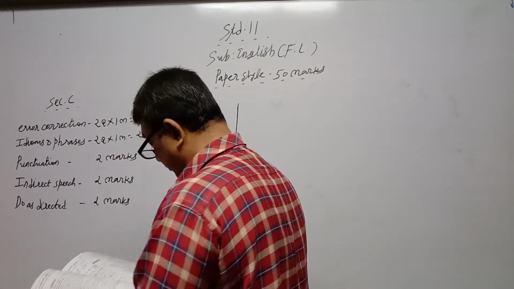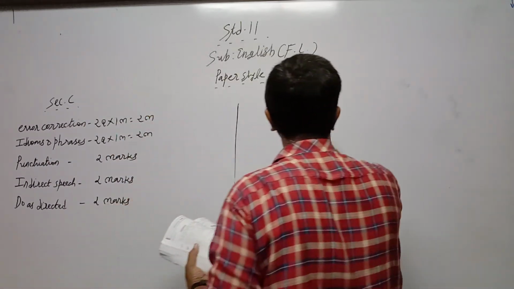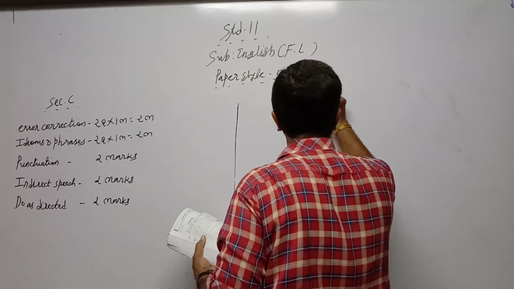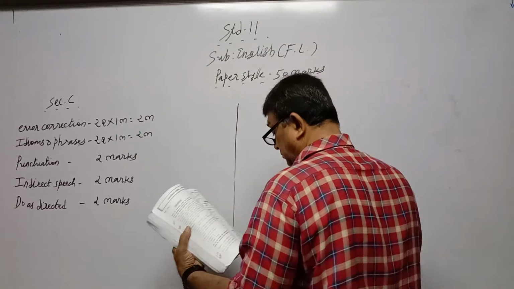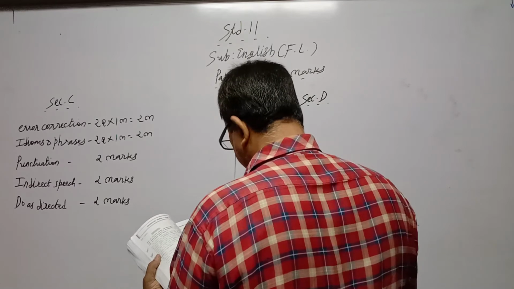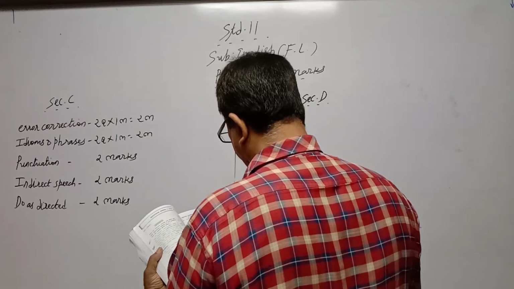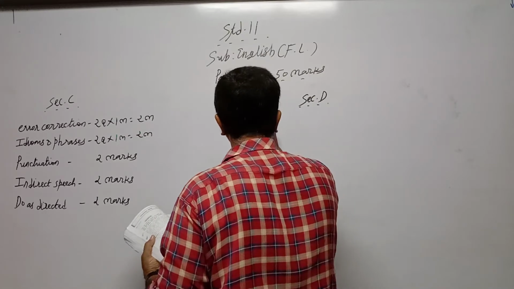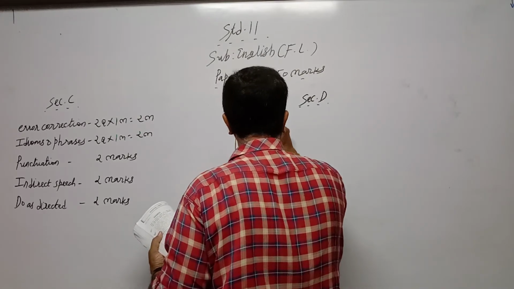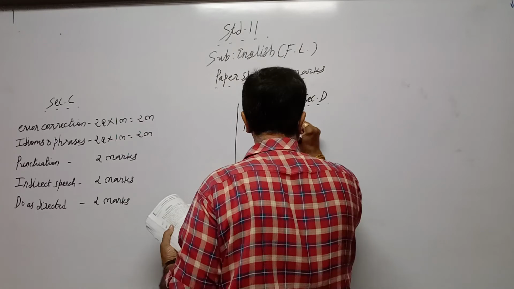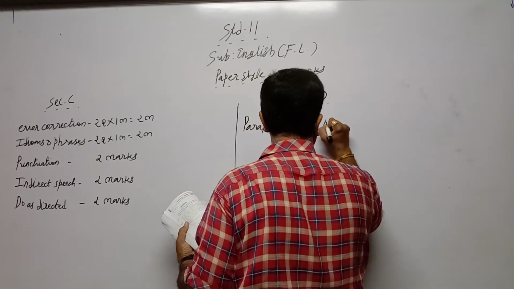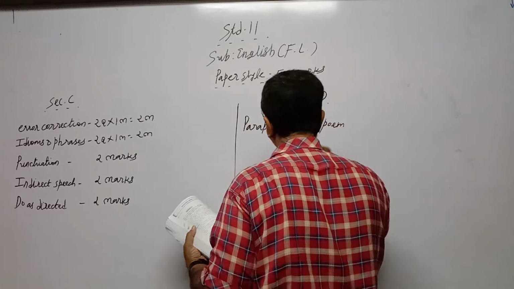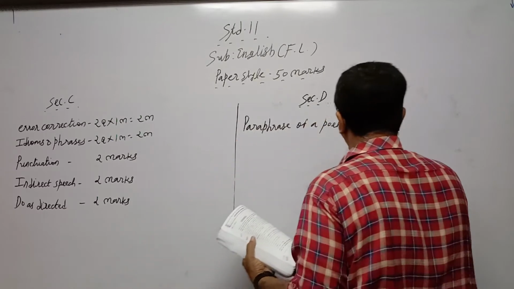Section D. Paraphrase of a poem, 4 marks.